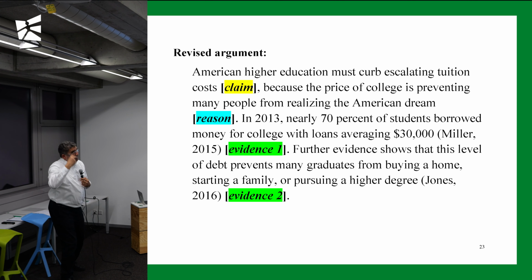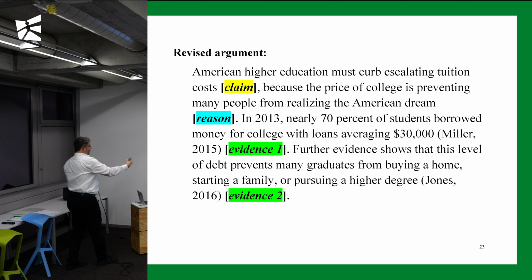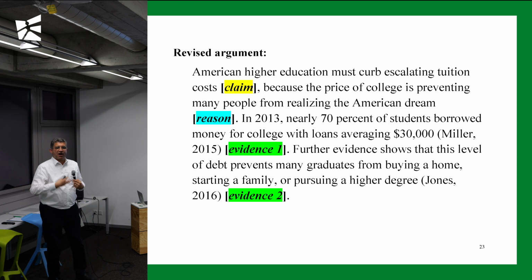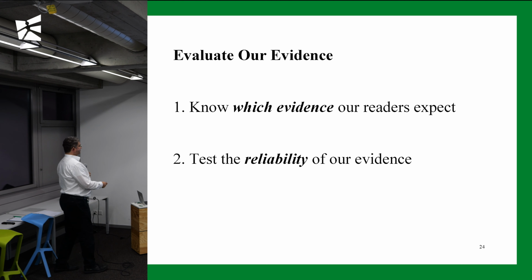Now, of course, I'm getting into my real research mode and think, okay, I've provided one piece of evidence, that's not going to be convincing enough, so I provide a second piece of evidence. Further evidence shows that this level of debt prevents many graduates from buying a home, starting a family, or pursuing a higher degree. Jones 2016. And that's when my critical reader starts believing me.